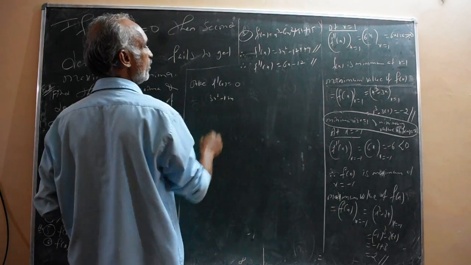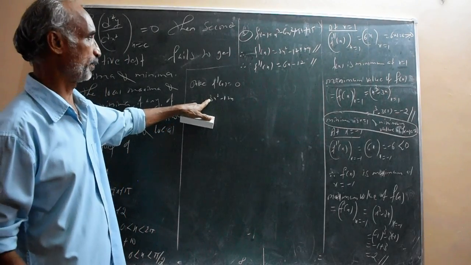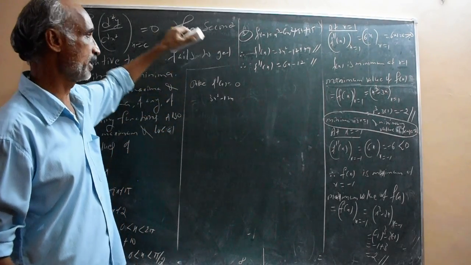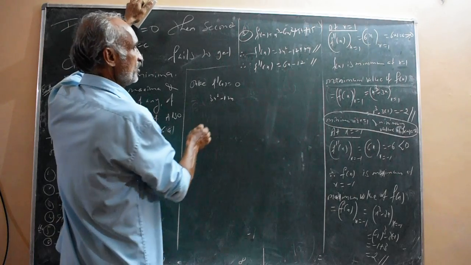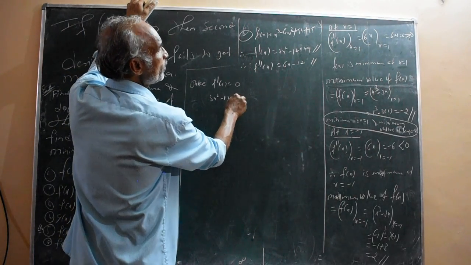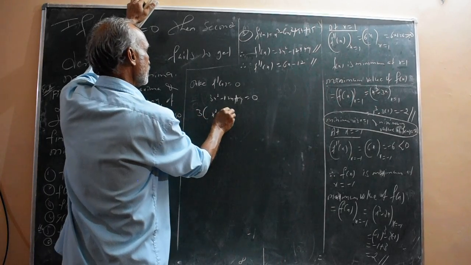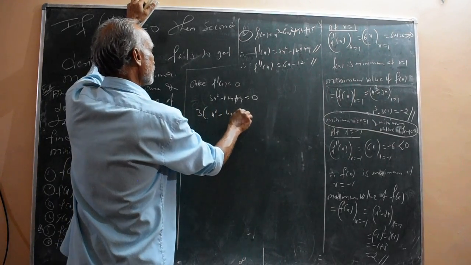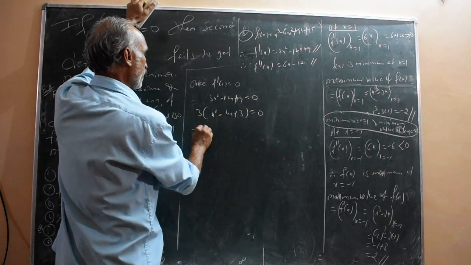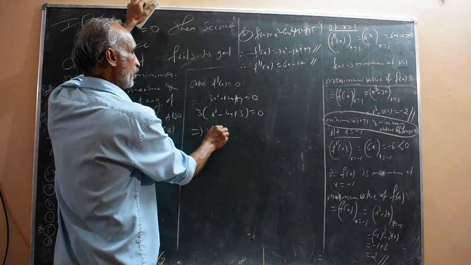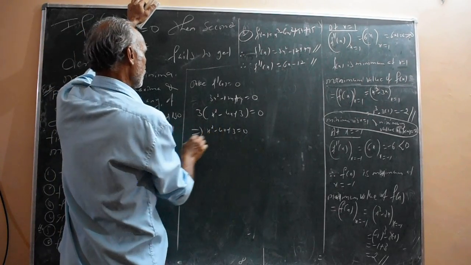minus 12x plus 9. Now I am switching over to the second step after getting f dash of x and f double dash of x. Take f dash of x is 0. 3x square minus 12x plus 9 is equal to 0. 3 common, x square minus 4x plus 3 is equal to 0. Implies 3 is not 0. Therefore, x square minus 4x plus 3 is 0. 3 ones are 3.